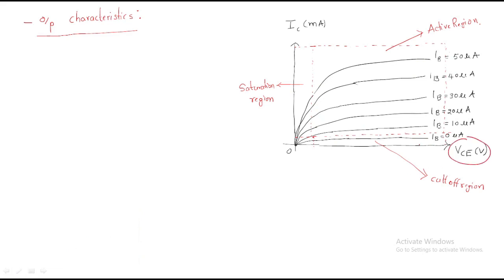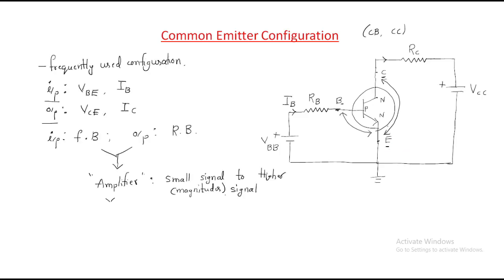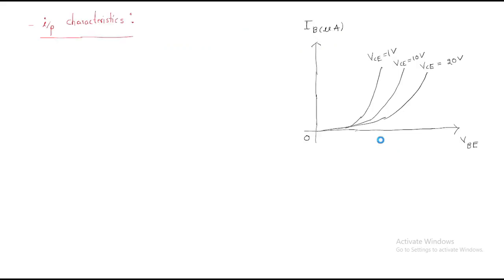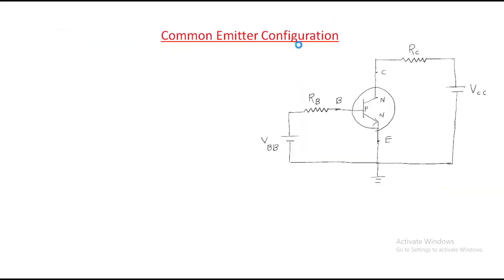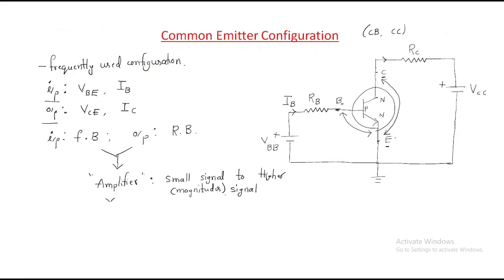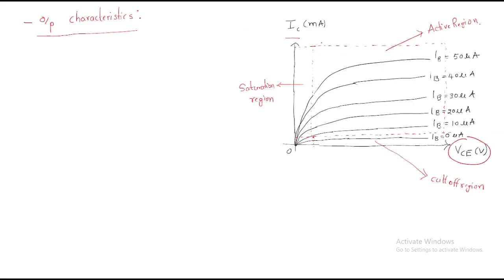Look at the configuration: this is the output terminal, VCE is the output voltage, and the output current is IC. I already told you that the emitter is the common terminal, base is the input terminal, and collector is the output terminal.